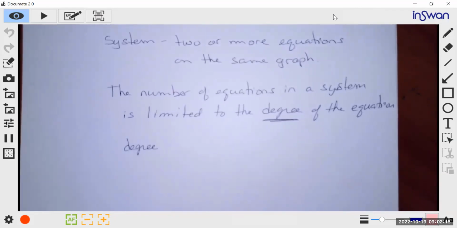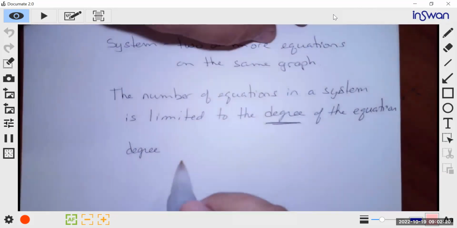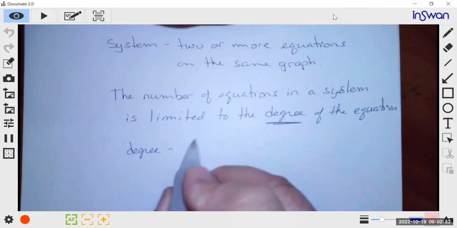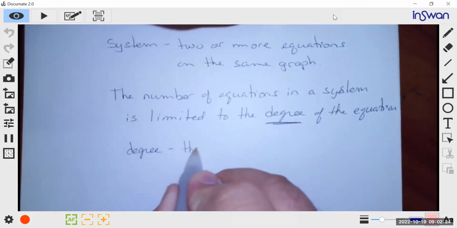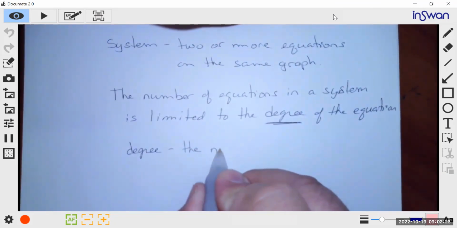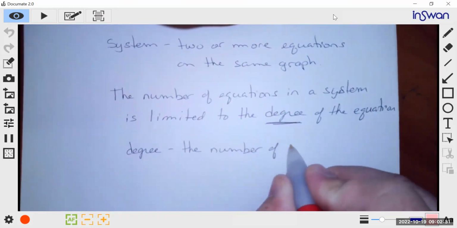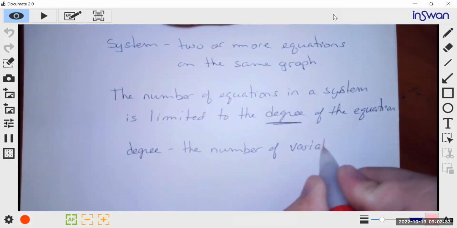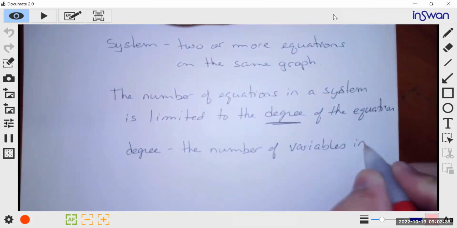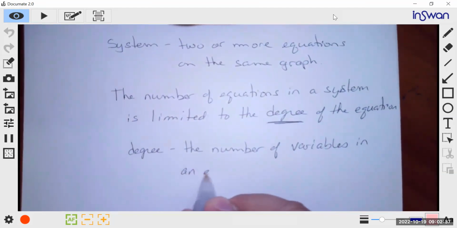In this class, when we talk about degree, we're talking about the number of variables in an equation.